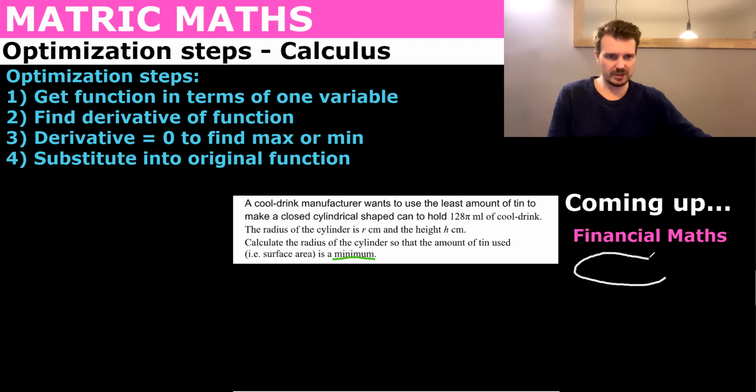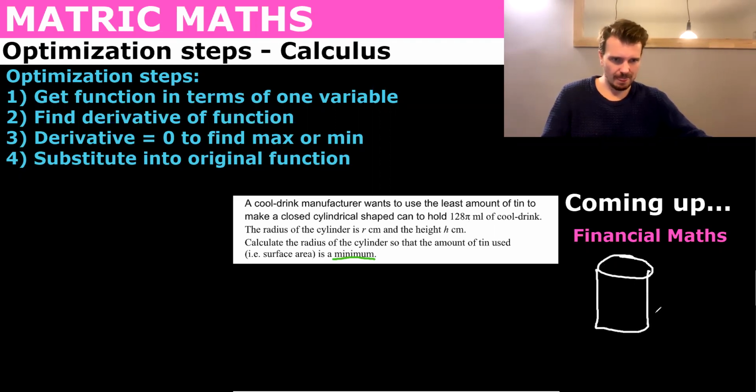So the first bit is, let's just draw a picture of a cool drink can. And so we've got one here, a very bad picture. And it says that the volume, because the least amount of tin used to hold 128 mils.